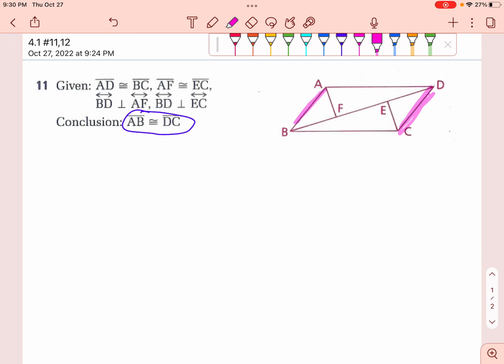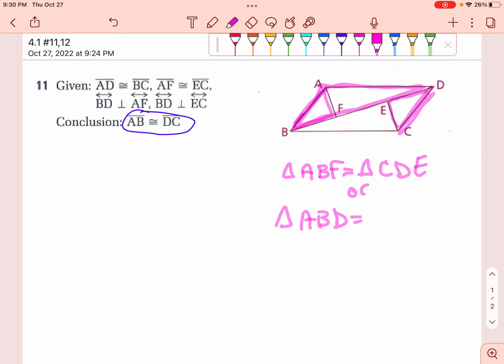In the back of my head, I like to walk through it. So I either want triangle ABF equal to triangle CDE, or maybe I'm going to get this bigger triangle right here, triangle ABD, equal to triangle CDB.